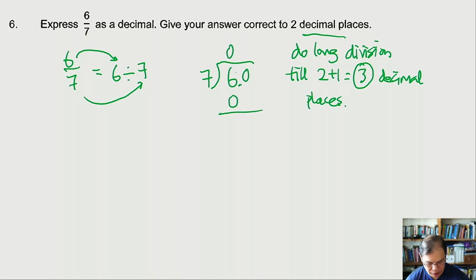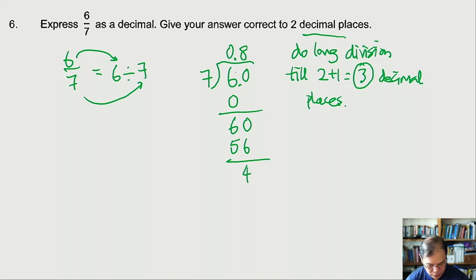So now I break it up into tens. So I have 60 tenths. Right, next one, 8. 50. 6.